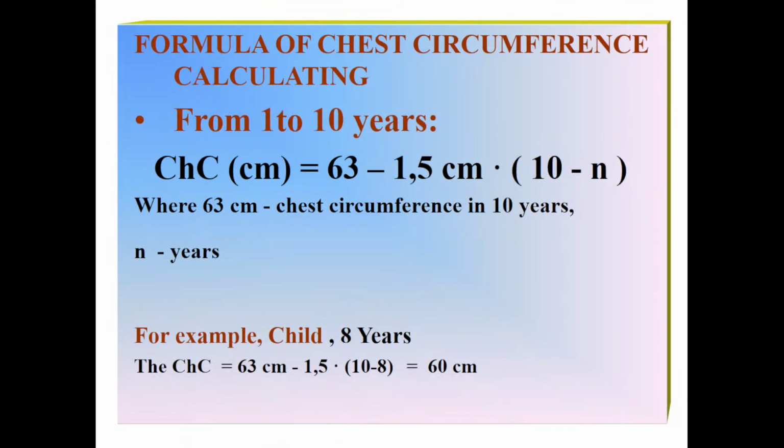Formula of chest circumference calculating from 1 to 10 years old. You can see it in this slide. For example, a child of 8 years old has a chest circumference nearly 60 centimeters.